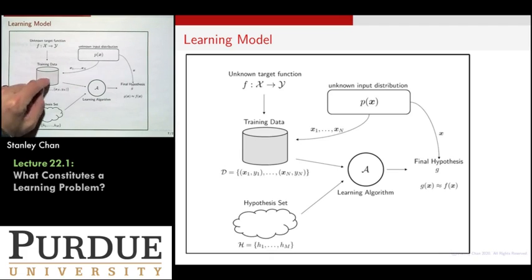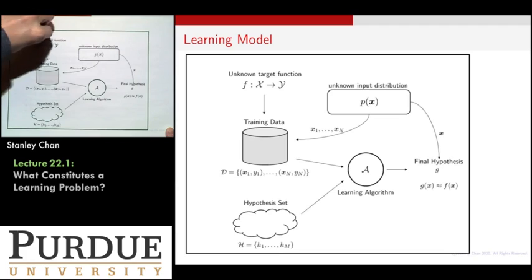Here is the starting point. You have a training data set that contains all the training samples. This training data set does not come from nowhere. It comes from the target function. There exists a target function that maps the input vectors to a label. That is the generative process that goes from the target function to the training data.